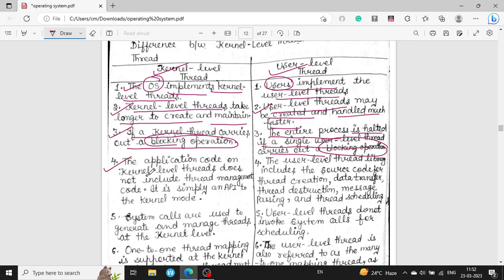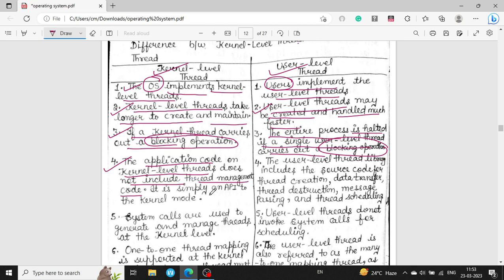And fourth difference, application code on kernel level threads does not include thread management code.